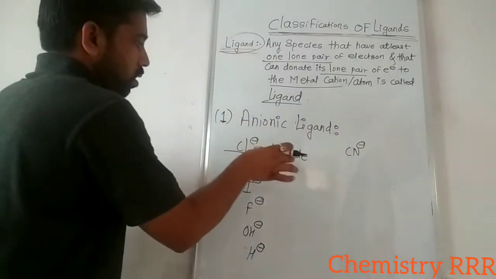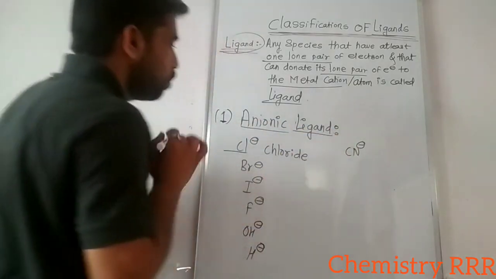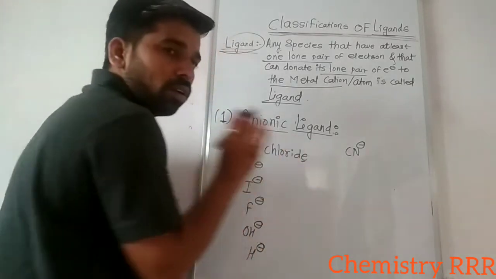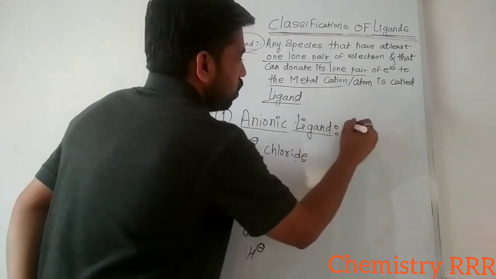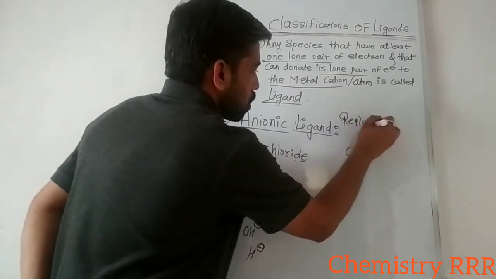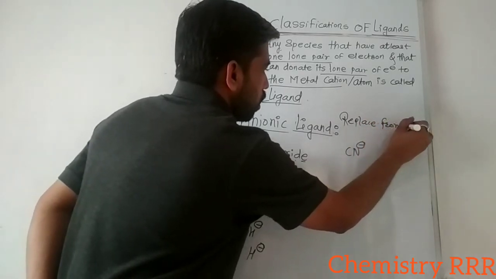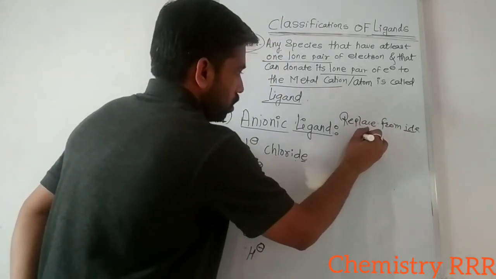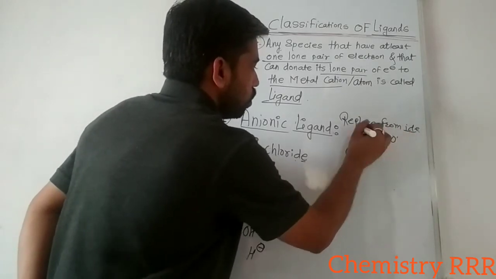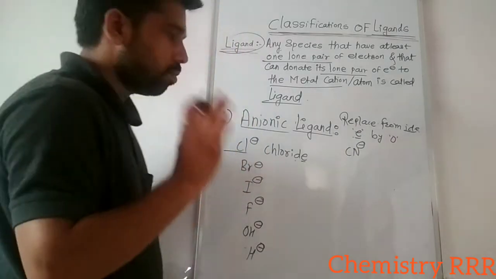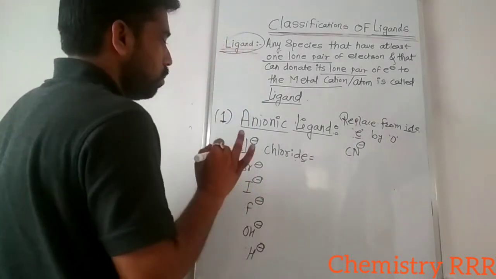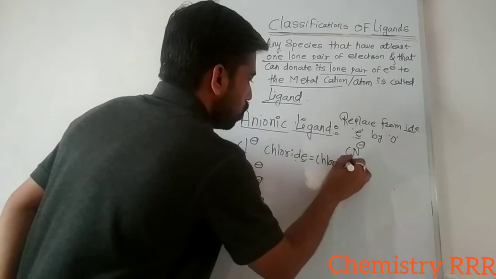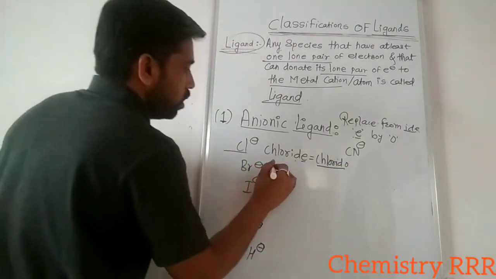While naming the anionic ligands, IUPAC nomenclature just replaces the E by O, that is, replace the E from IDE by O. We get the corresponding IUPAC name of the ligand. So this becomes chlorido.